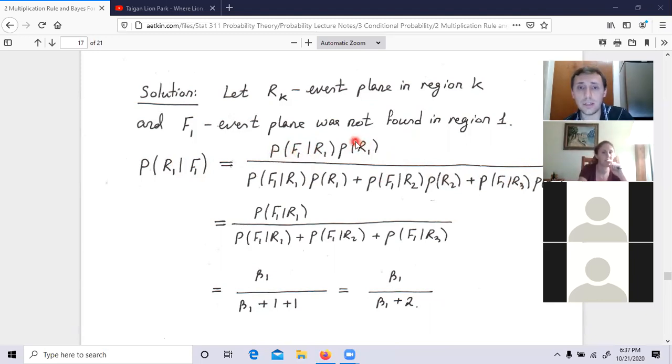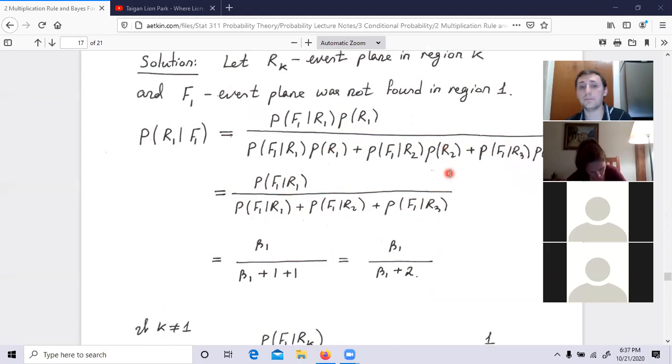So I can cancel away the probabilities of R1, R2, R3 because they are the same, 1/3 each. I can cancel them out, and I have this fraction. The unrestricted probabilities are assumed equally likely, so I can cancel them out.